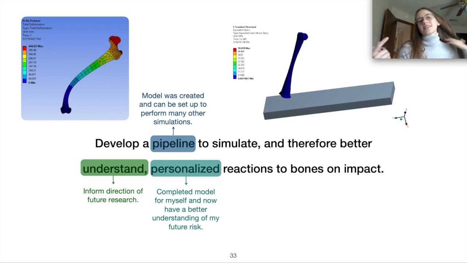So these kinds of things, even for your own fun, you could model them, and make a mental note like, okay, wow, if I fall, I should probably try to direct myself. You can't obviously always do that, but anyways, I do have a better understanding of my femur and how it could fracture, and I was able to have a personalized model.